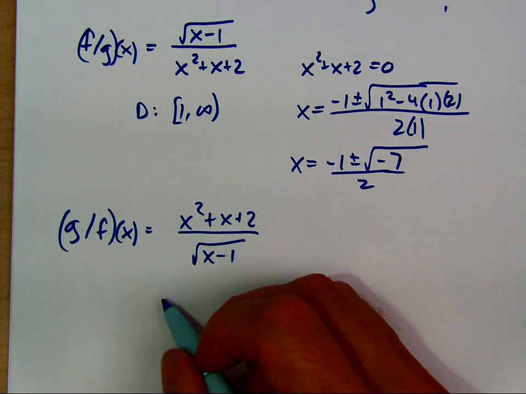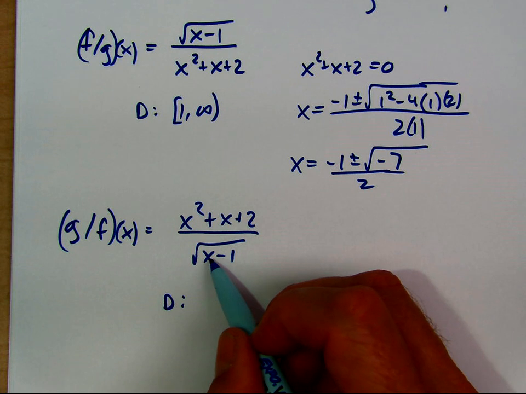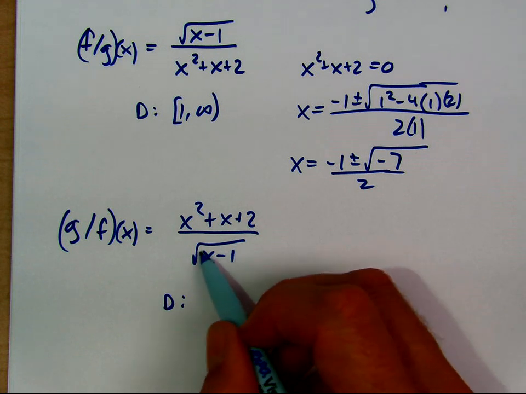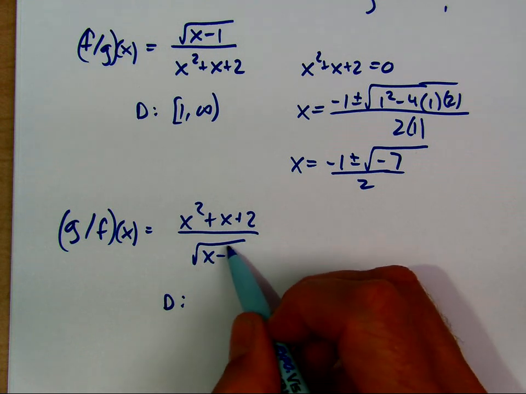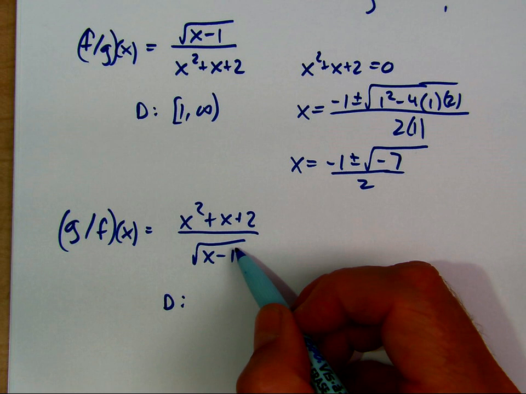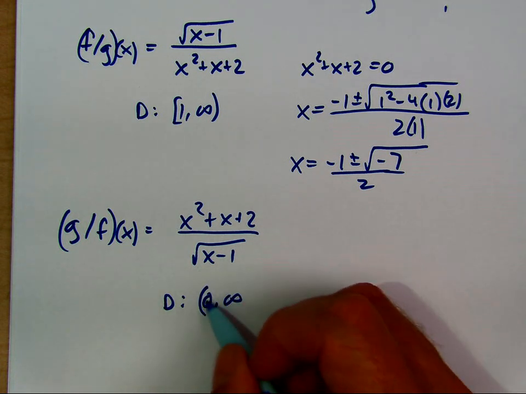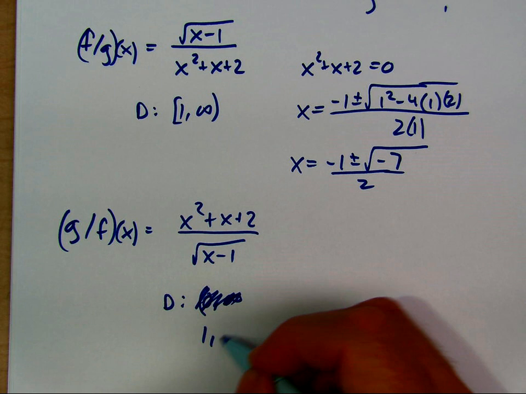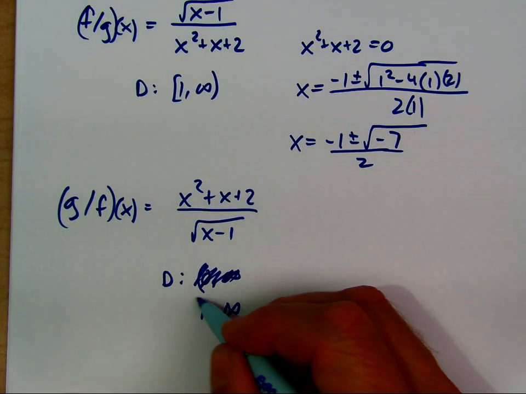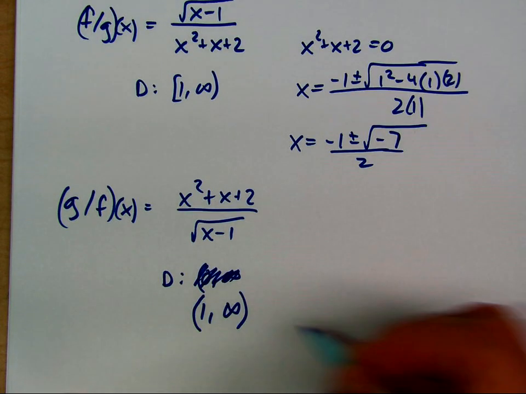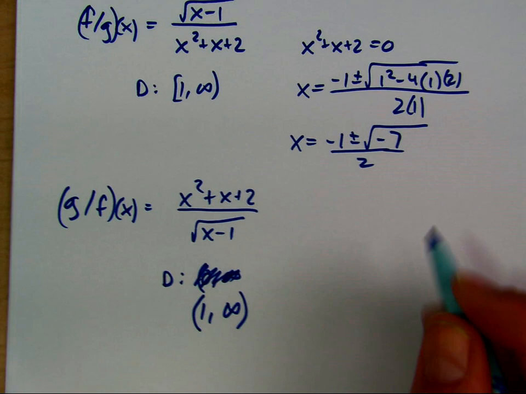But we have to be careful because even though 1 is okay to put in the radical, now we can't put a 1 there because it's in the denominator. So instead of 1 to infinity, including 1, now we have to exclude 1, and that's another restriction.